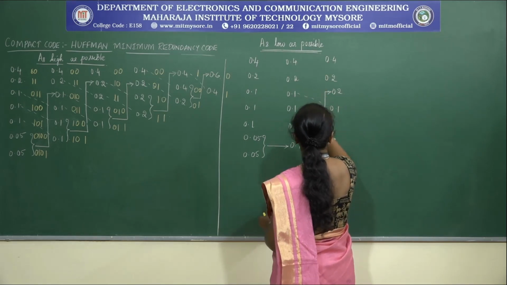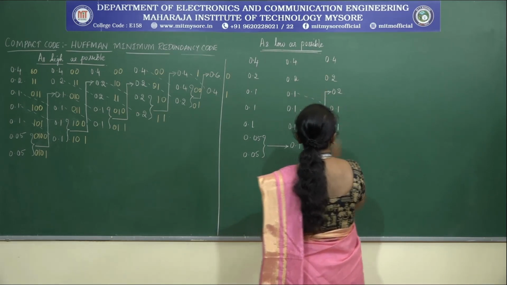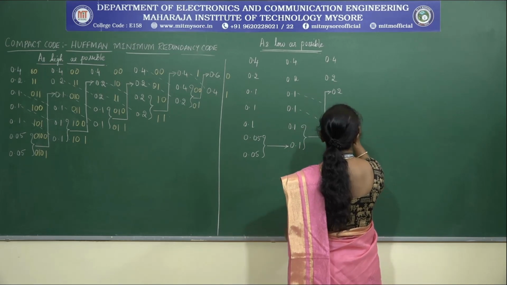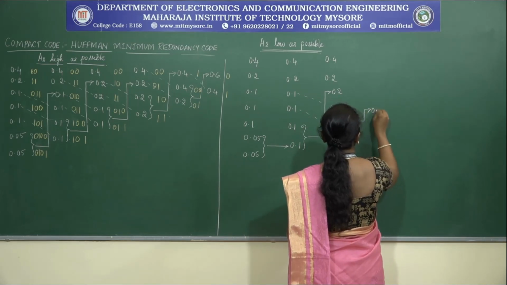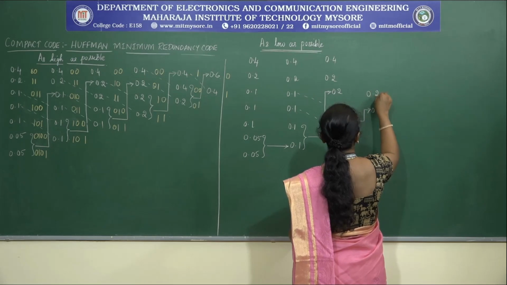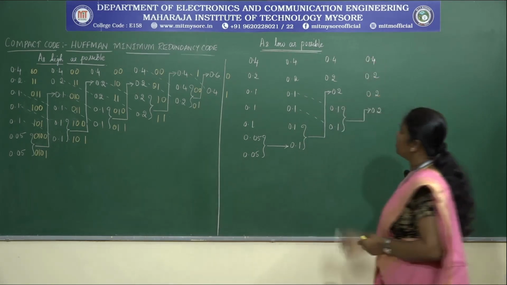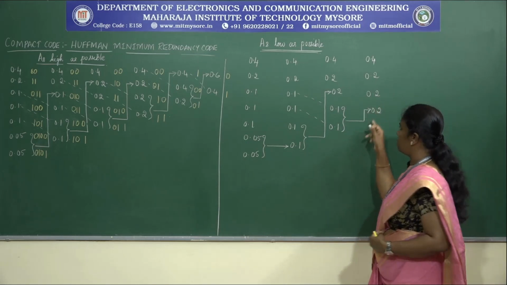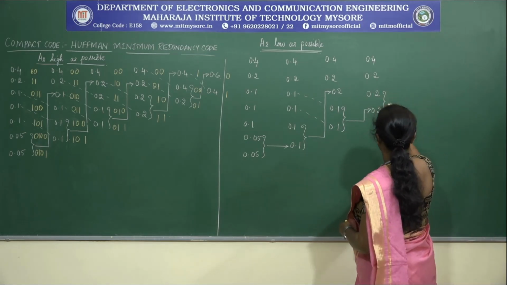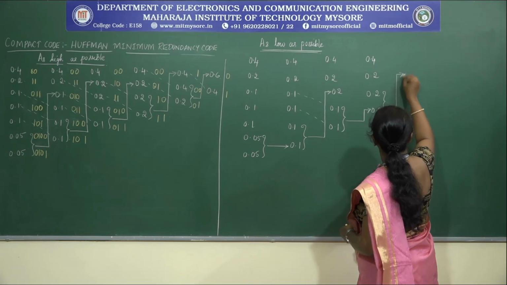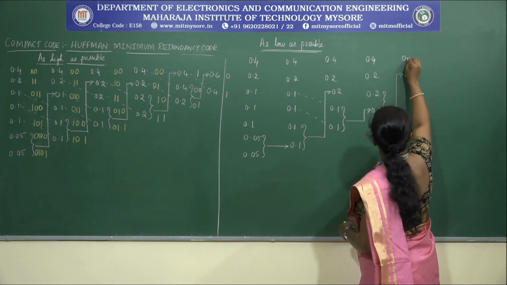So next is 0.1. Next combine these two, you will be getting 0.2. Place it below only. We have 0.2, but the newer probability we need to place below the older probability only. Combine these two, you will be getting 0.4.